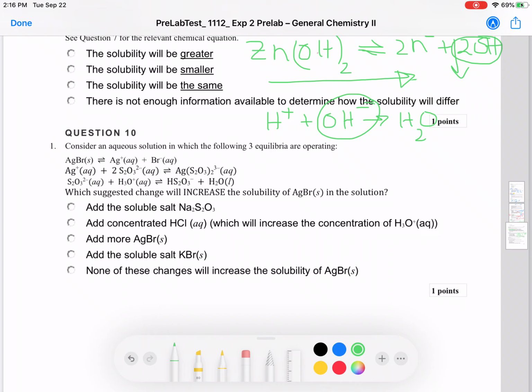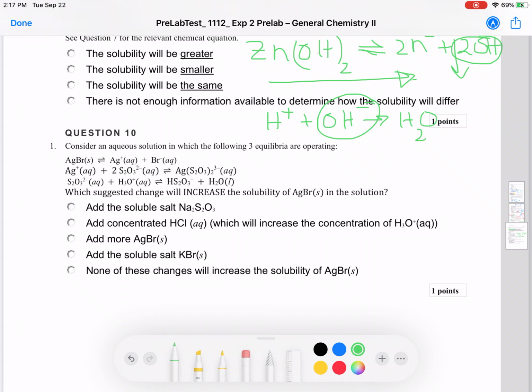Okay. Question number 10. Consider an aqueous solution in which the following 3 equilibria are operating. Silver bromide dissociates to give you silver ion and bromide. And then the silver ion in the presence of S2O3 thiosulfate is going to form silver thiosulfate.